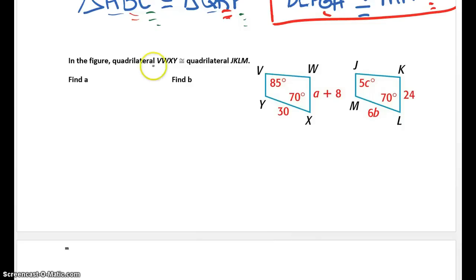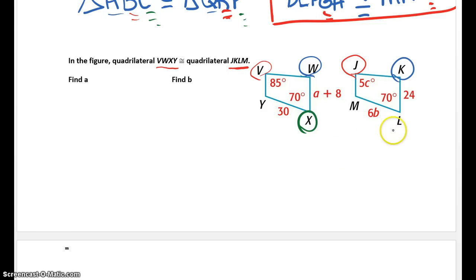Well, we have to make sure we have the congruent statement right here, so that we know that V corresponds to the first one, J, the second letter W corresponds to the second letter K. So I'm color coding them so you can kind of see. The third letter is X. That corresponds to L. And then you're left with Y corresponding to M.